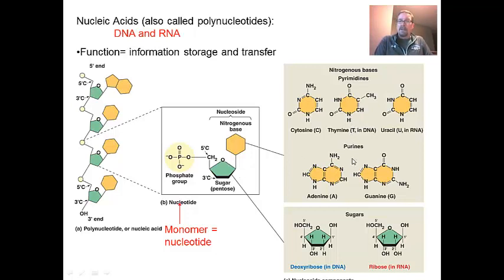You have pyrimidines and purines. Uracil, of course, is in RNA, not DNA. That's one of the things that separates them, besides the fact that, as you can see, the other difference here is that deoxy means there is a missing hydroxyl.